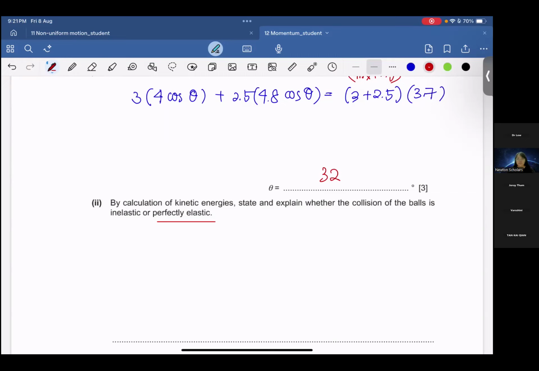Washini, correct. Washini, you type out. Tell me what is the initial kinetic energy and final kinetic energy that you get? How about others? Are you able to get the answer? Correct.